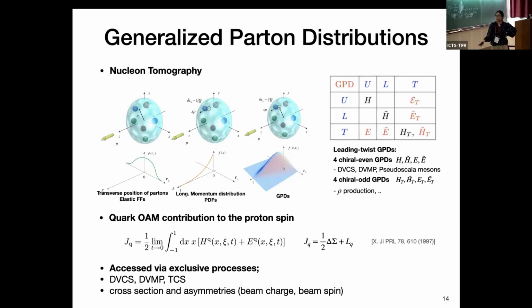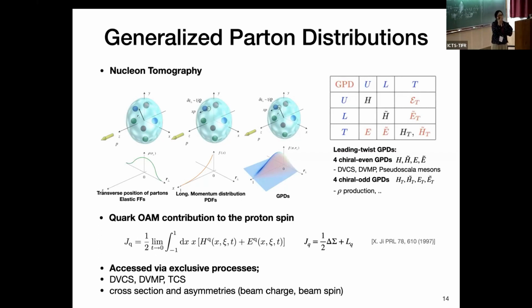So to study the GPDs, we measure exclusive processes: deeply virtual Compton scattering, deeply virtual meson production, or timelike Compton scattering. What we measure is a cross-section and some other asymmetries, like when we change the beam charge, or the beam spin, or single spin asymmetry.